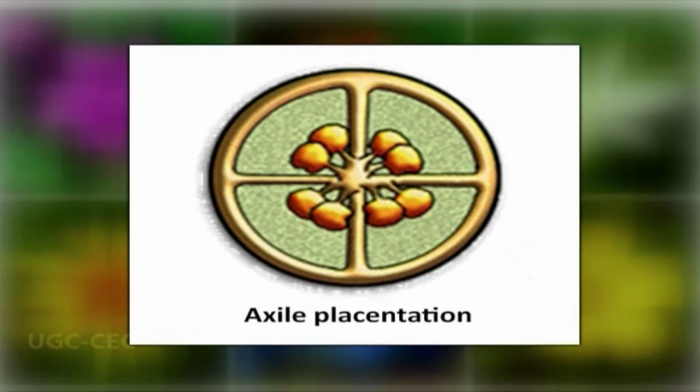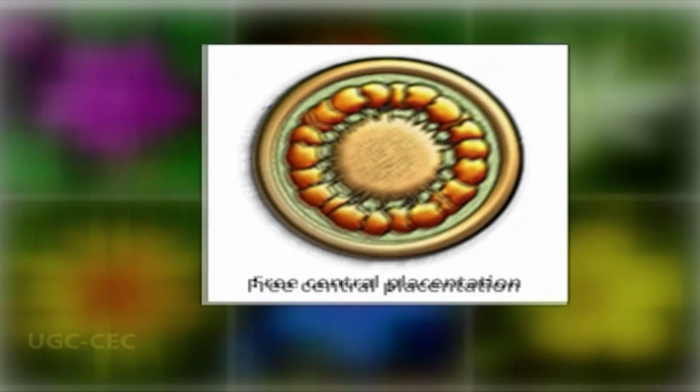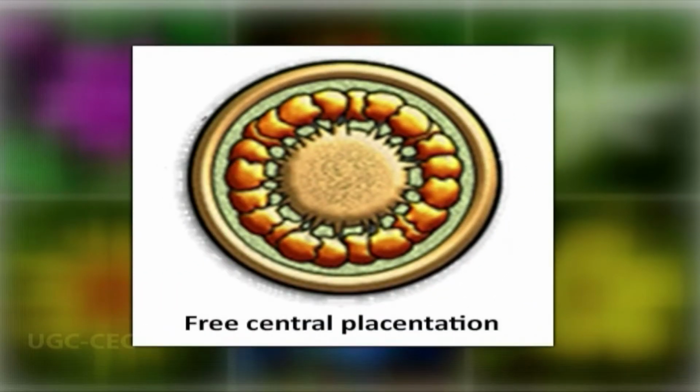In such cases, the placenta can occur in the center of the ovary on the column and is called axial placentation. In some ovaries, the placenta are found in clumps along the walls called parietal placentation or on a central column with no septa defining locules called free central placentation.